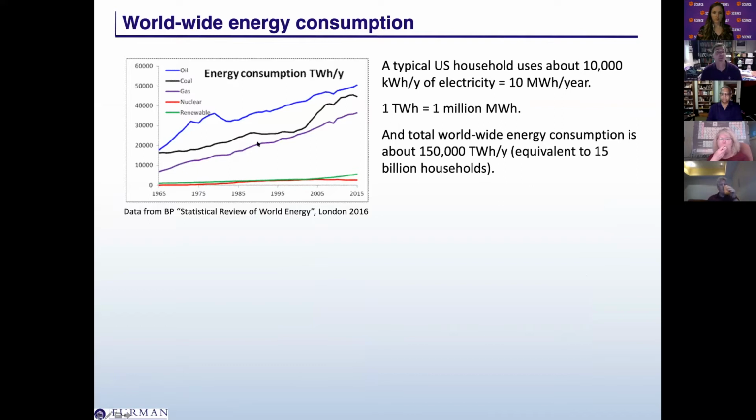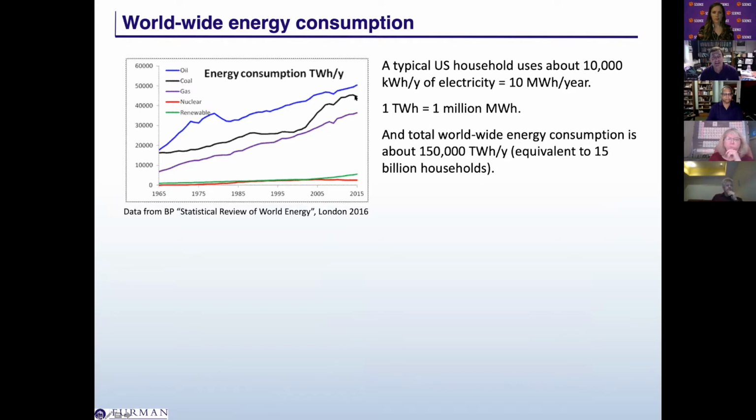So in terms of worldwide energy consumption, I've got a graph here in the upper left-hand corner. We've got amount of energy on the y-axis versus the year on the x-axis. The first thing to notice, other than these being big numbers, is that oil still leads our energy consumption.